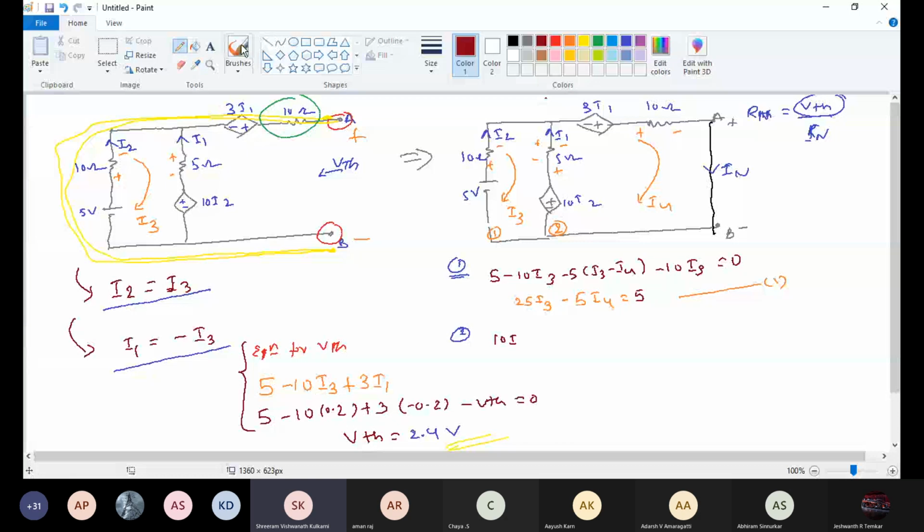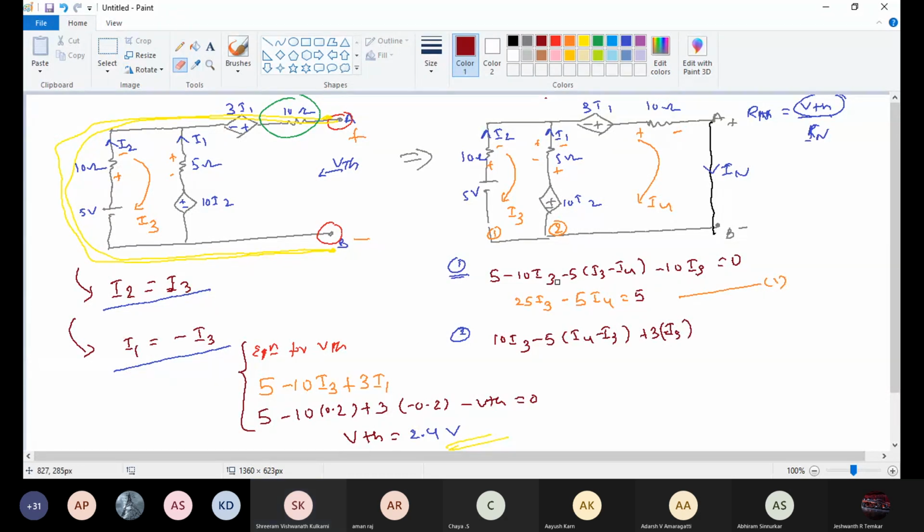Okay. Now KVL for loop 2. 10 I2, that is I3, equal to I3. Then coming to this, minus 5 I4 minus I3, plus 3 I1, and I1 equals minus I3.